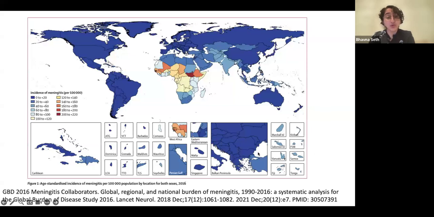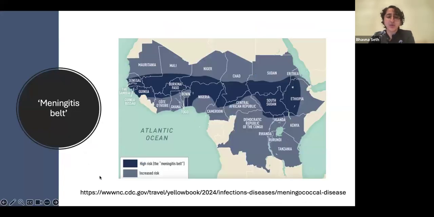In terms of the global burden of meningitis, this is a global map, and as we can see, this is very important for us, because in the African context, in red are the higher prevalence, and these are all estimates, and the truer numbers may be more stark in ways. What is also curious about the epidemiology is that there's a meningitis belt that goes from Senegal to Ethiopia and touches parts of Ghana as well.